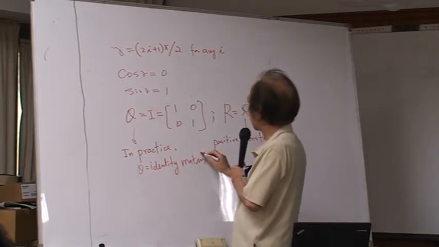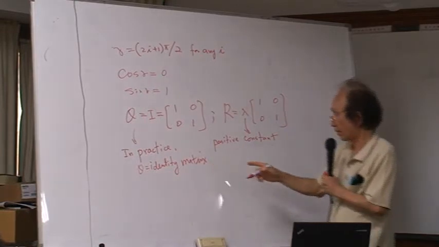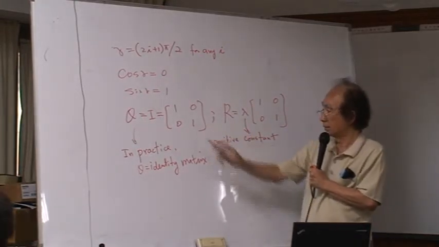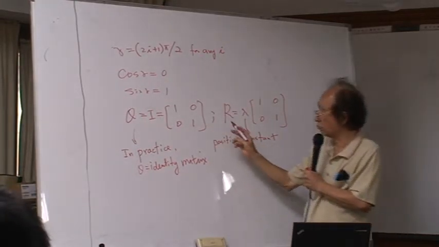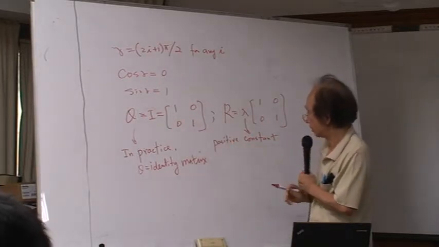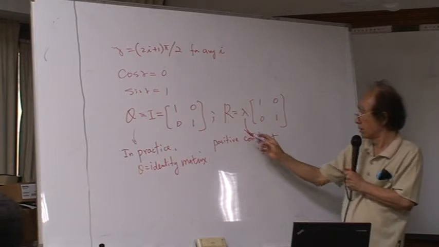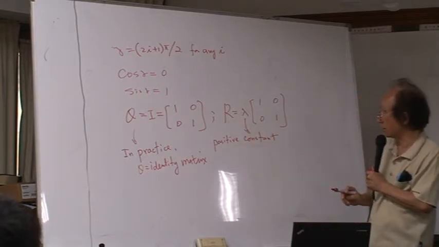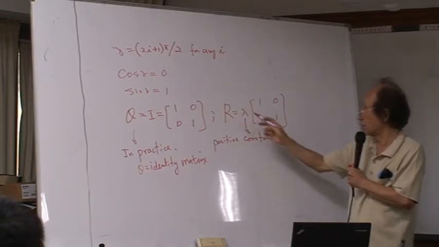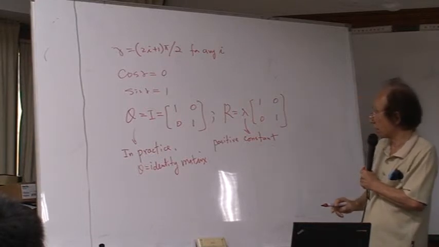In practice we assume that because only the relative value of Q and R really affects your controller design. So you have alpha, you have R here.